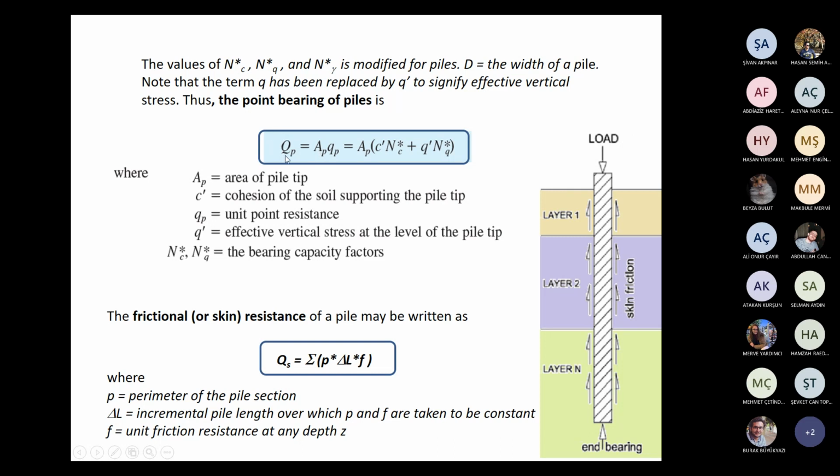This is the point bearing capacity of a pile. So let us put the Q sub P equation here. This is our point bearing capacity. What about frictional capacity?